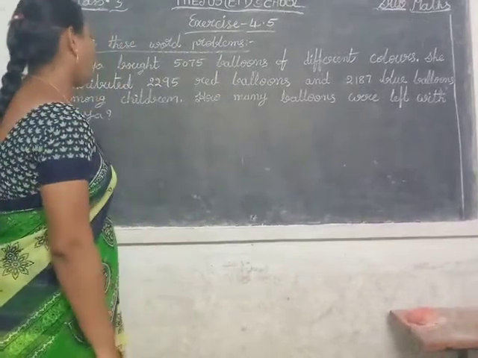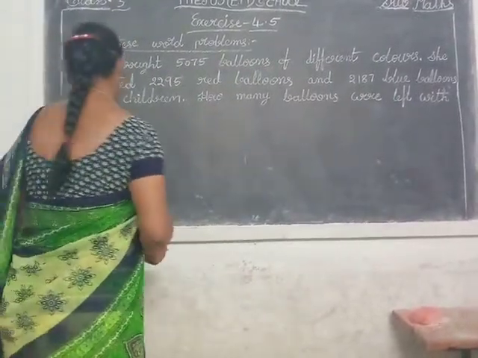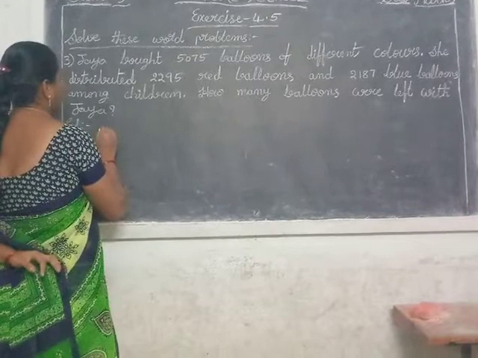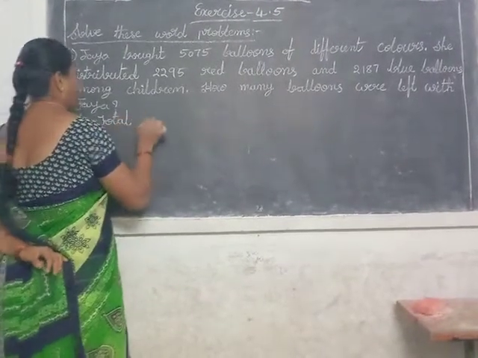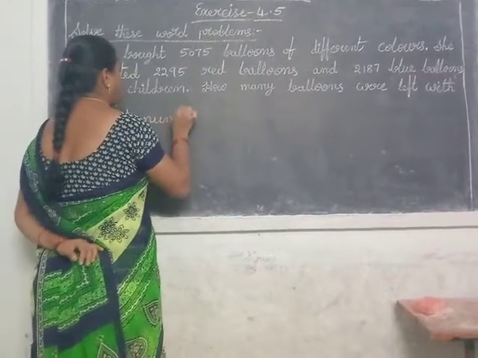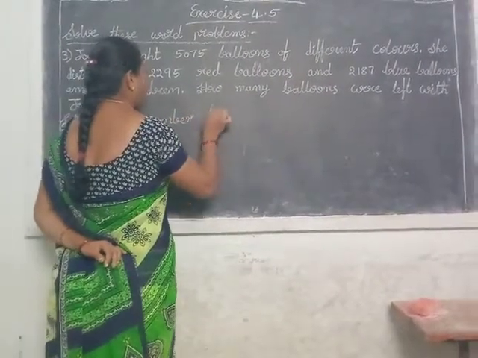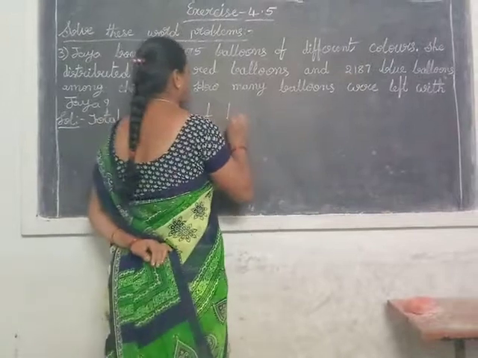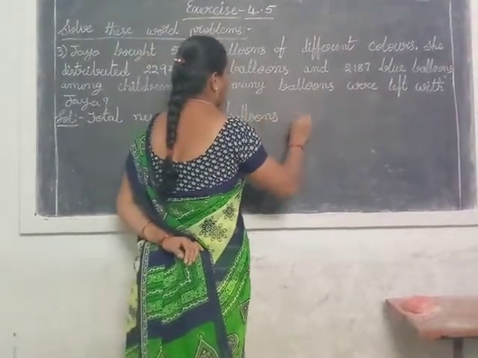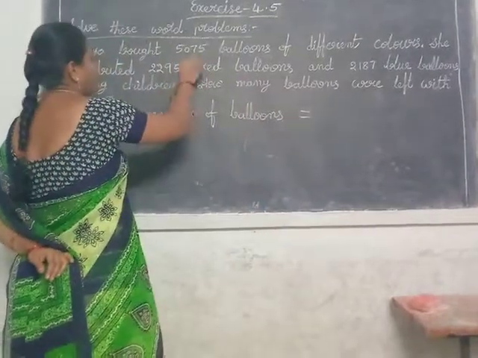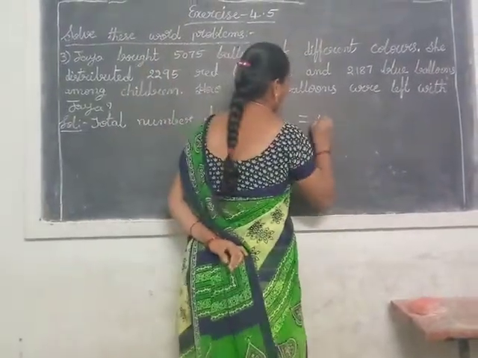So here we have the first word problem. First you write the words: total number of balloons. Total number of balloons, how many, children? 5075.